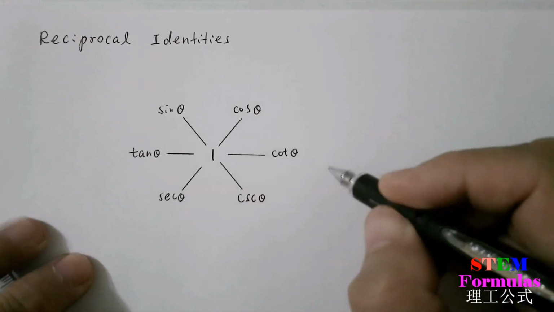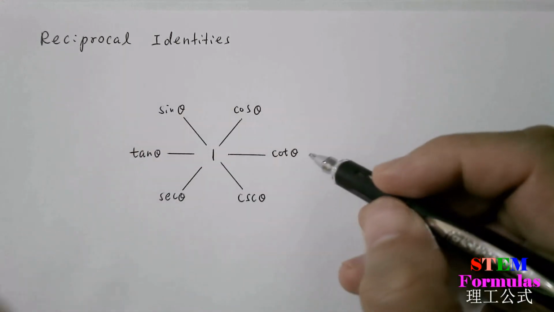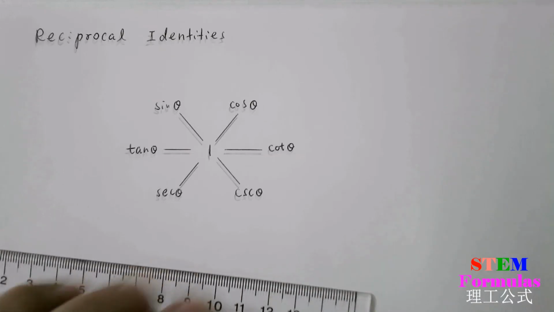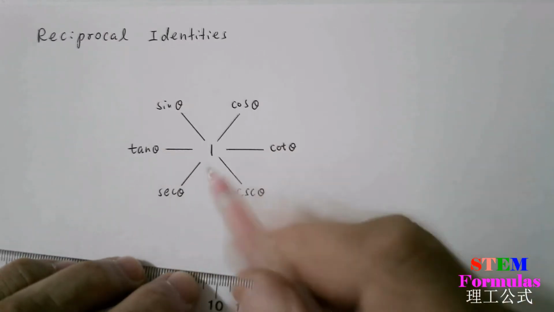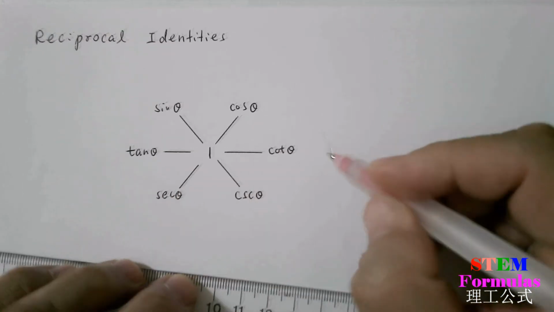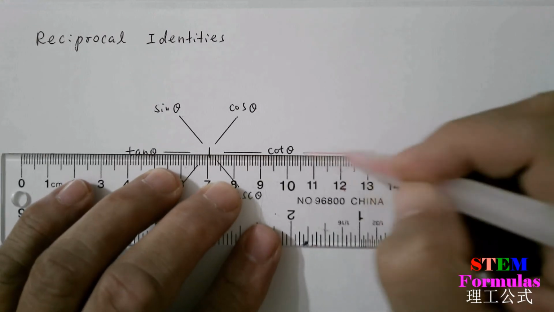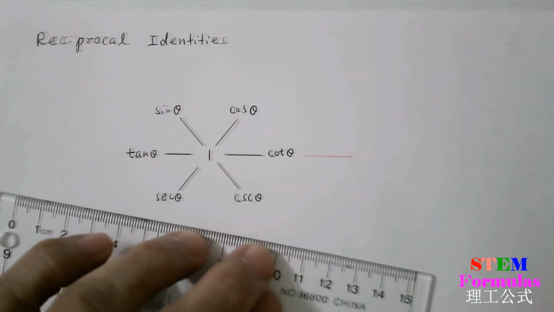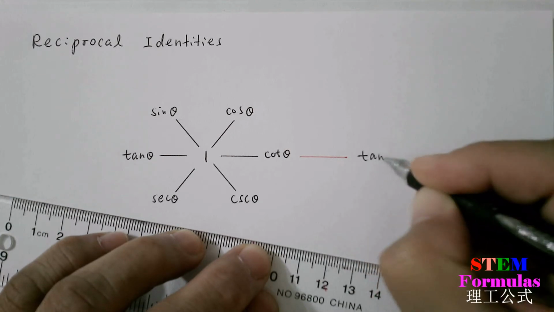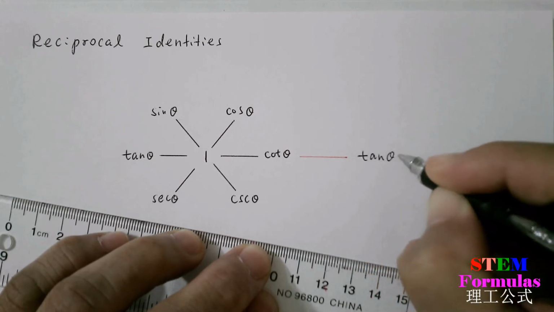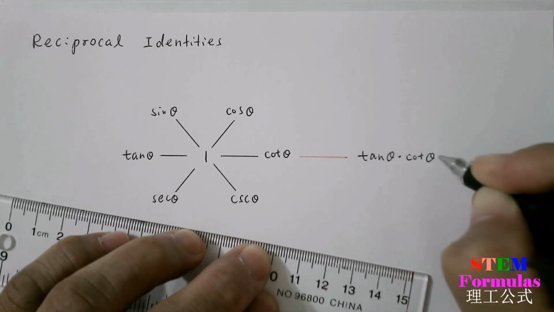For the same diagram, we have reciprocal identities. For example, any diagonal line, for example, this line, we have tangent theta times cotangent theta equal to 1.